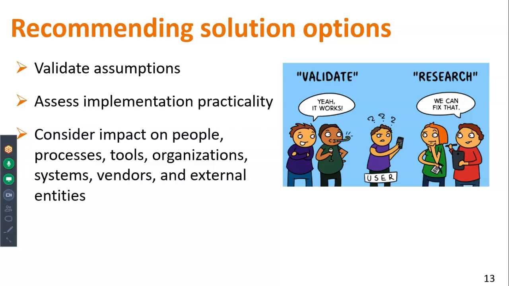It's hard to recommend a solution option when you're only given one option to deal with. But just be aware that it is part of the BA's purview to be looking at multiple solution options and determining what the best of those options are.